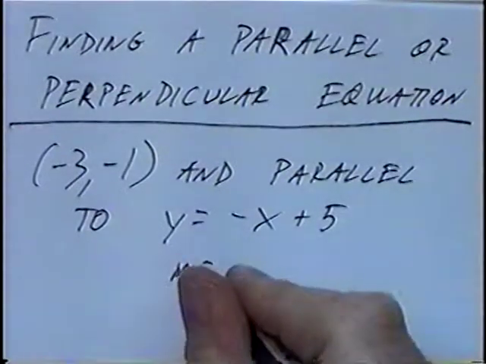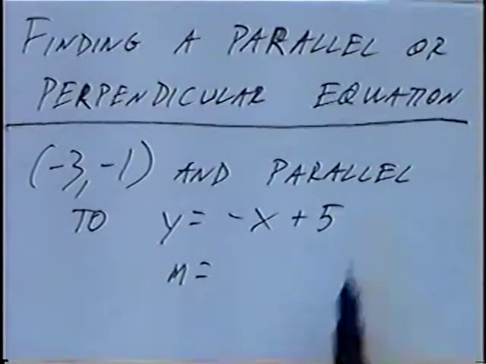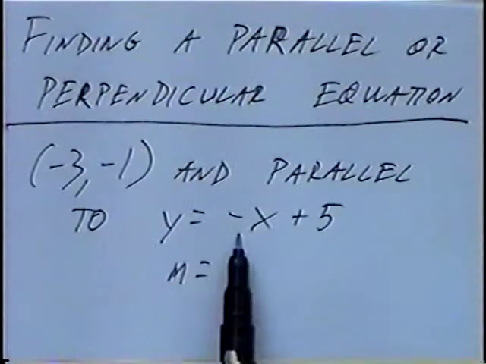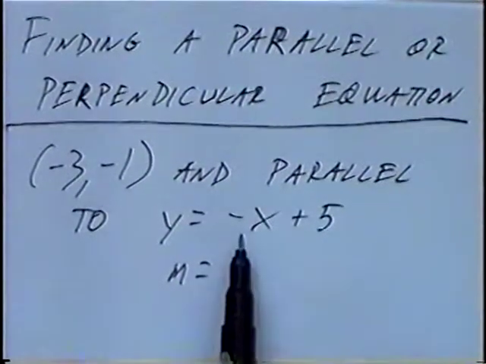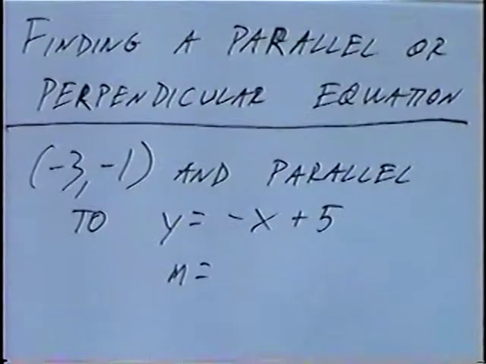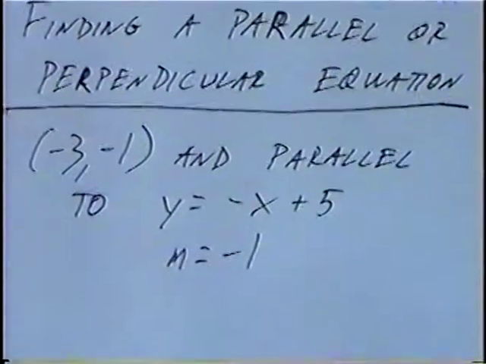We can find the slope for a parallel line. If you remember the definitions we did in the previous section, a parallel line has the same slope. The slope of this equation, in terms of y equals mx plus b, m, or the slope, is the number in front of x, which is -1, so the parallel slope would still be -1.